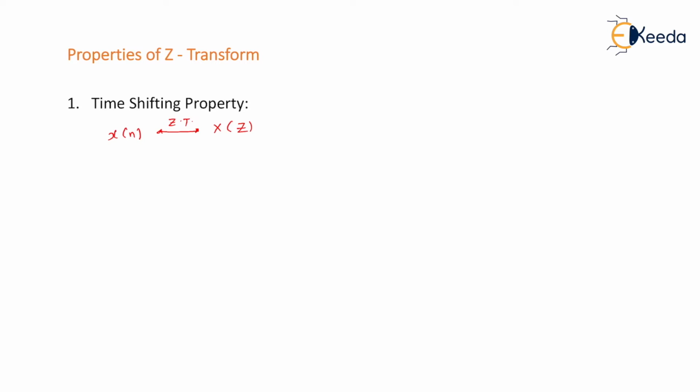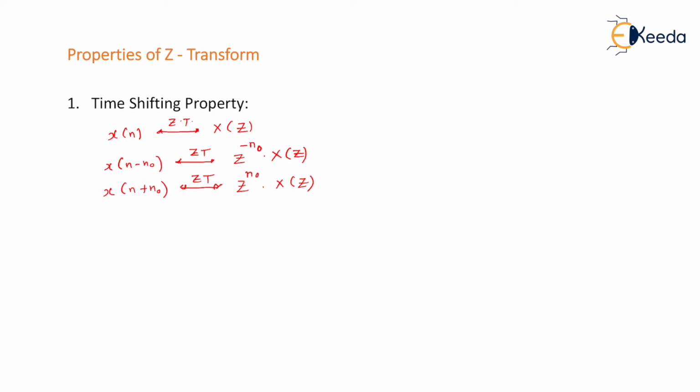Then x of n minus n naught, where I have delayed the signal by n naught, will have its Z transform as z to the power minus n naught times x of z. If you advance the signal by the same quantity n naught, that is x of n plus n naught, it will have Z transform as z to the power positive n naught times x of z.